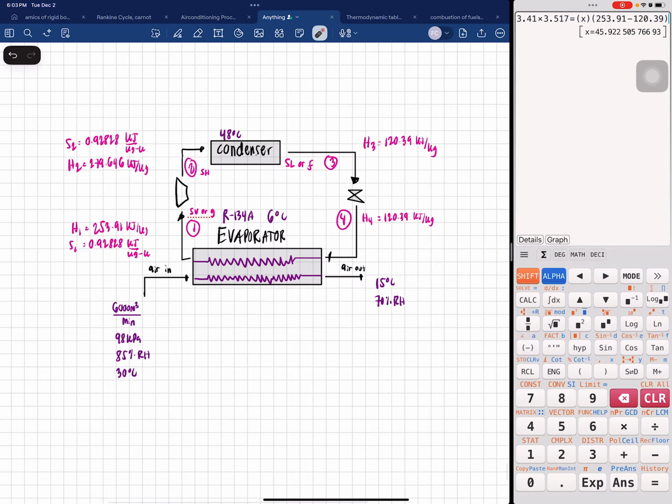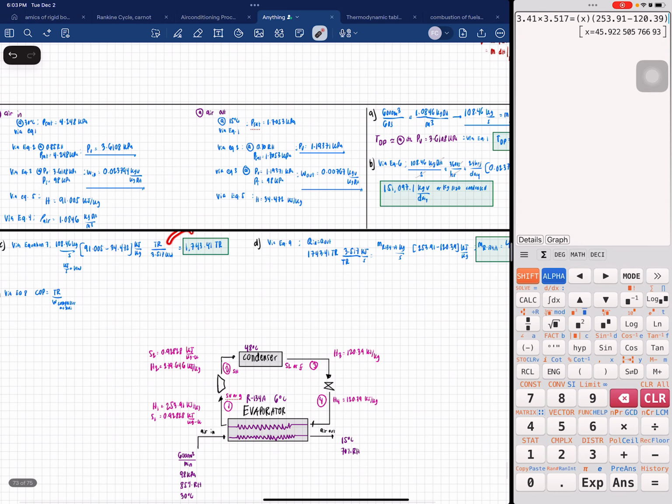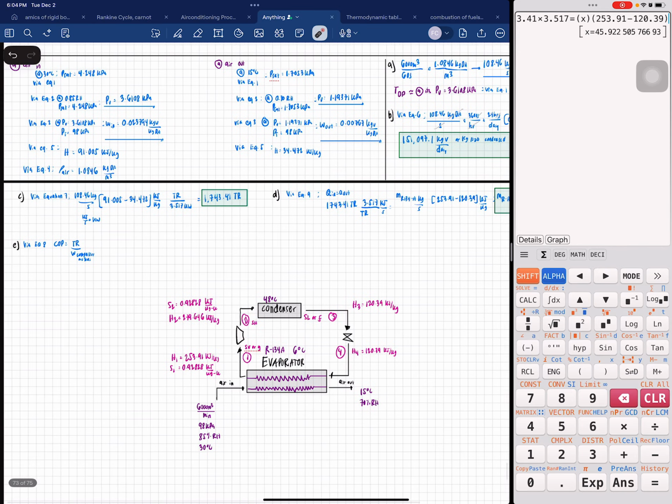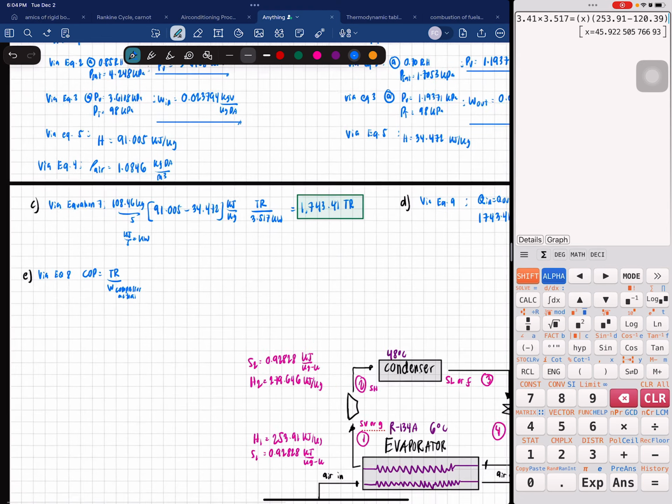So you can simply use this value, but you have to also find the work in kilowatts. Okay, but nonetheless they're gonna be the same. Let's try both approaches.